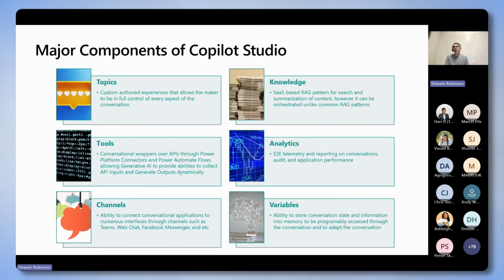An example of a variable would be the language that the user is speaking or the agent is configured to speak. So I might change to use a specific set of information based upon that particular variable.